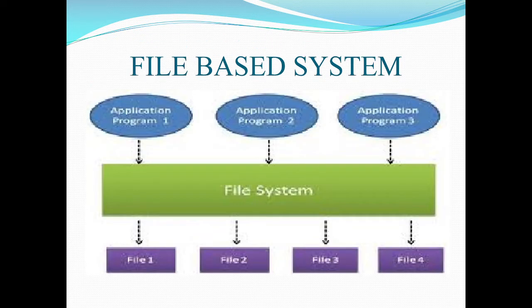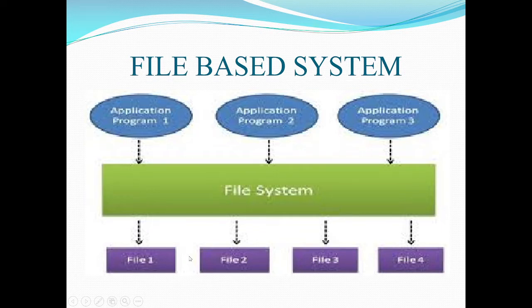Now let us look at the picture. This is a basic file-based system structure. Look here, in the file system, there are different files: file 1, file 2, file 3 and file 4. These are the files where you are going to store the data, and these are the files that were defined when the system was designed.